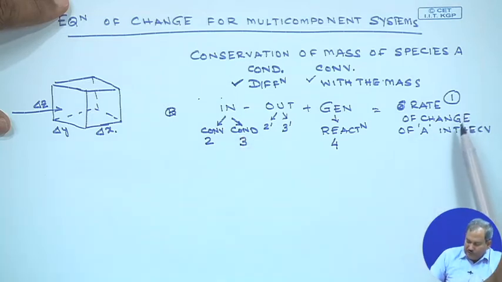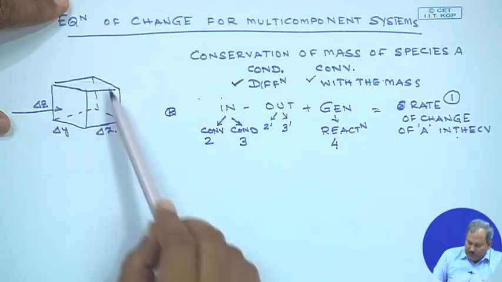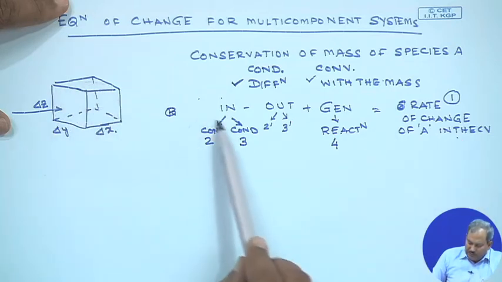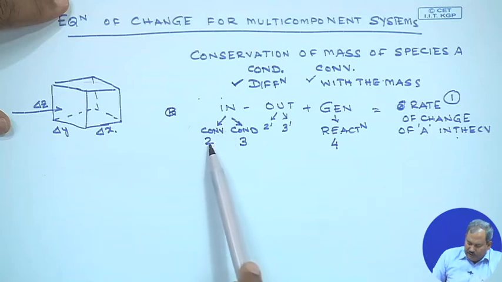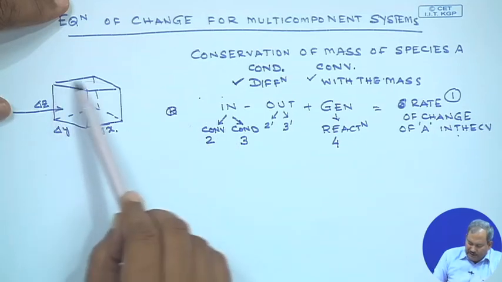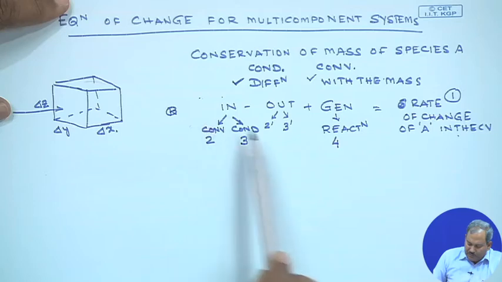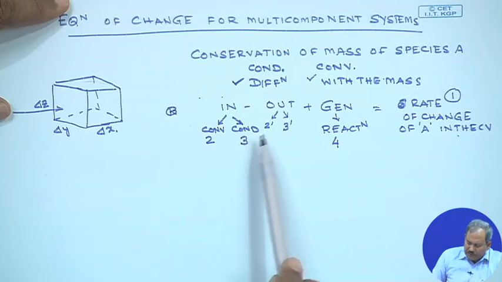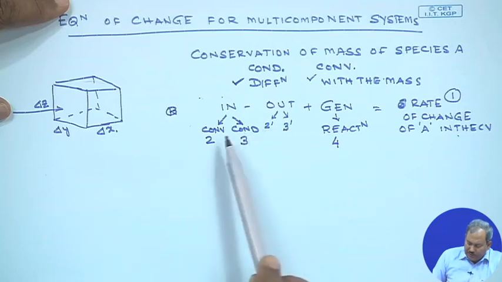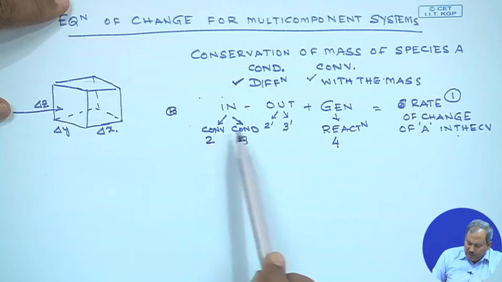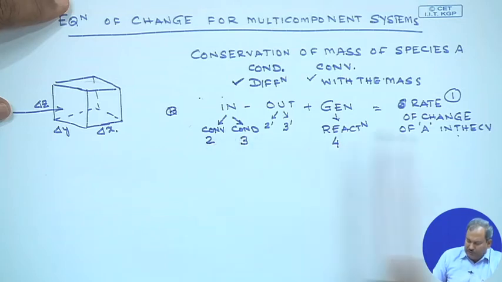So, the first one is the time rate of change of A contained within the control volume. The second one is the rate at which species A enters the control volume by convection, and this is the rate at which A enters the control volume by conduction. 2 prime and 3 prime are simply the corresponding out terms for 2 and 3 respectively.